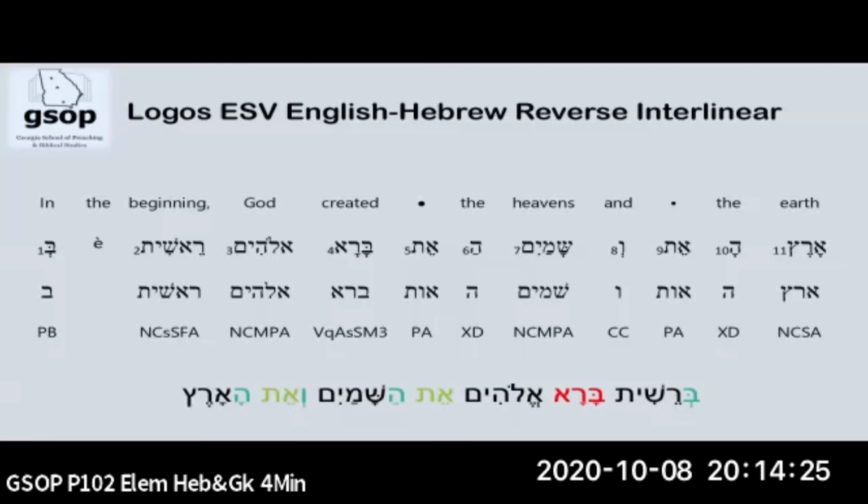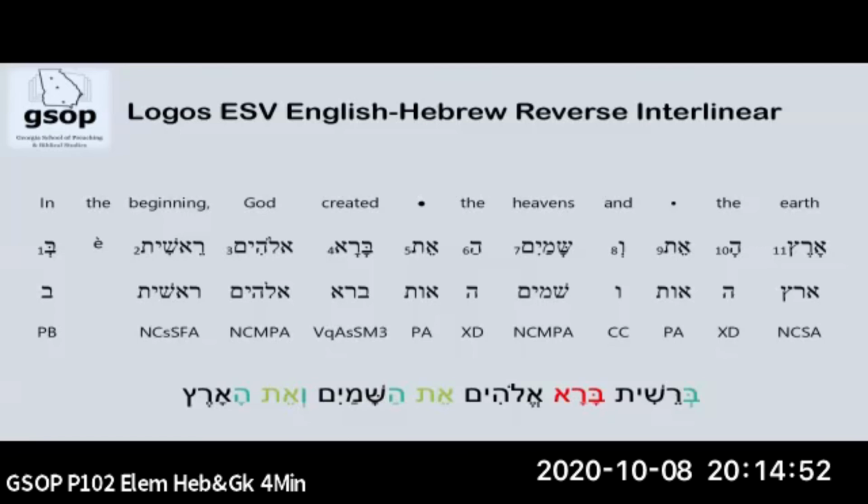And then you have it repeated at the bottom without the vowels. I'm not sure why that's there. And then it's very, very useful, although it's really hard to understand what these acronyms mean. But if you have this in Logos and you hover over the word, these little abbreviations will show up. The B means a preposition. So be is a preposition.